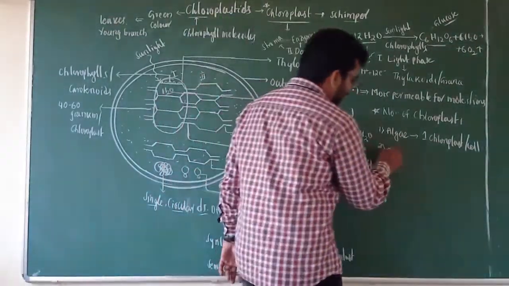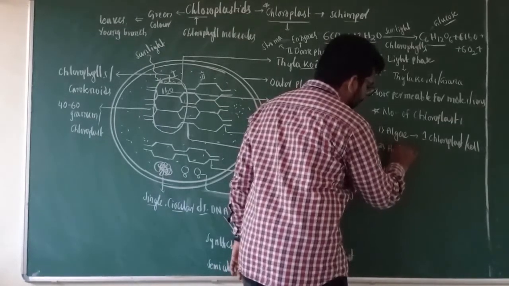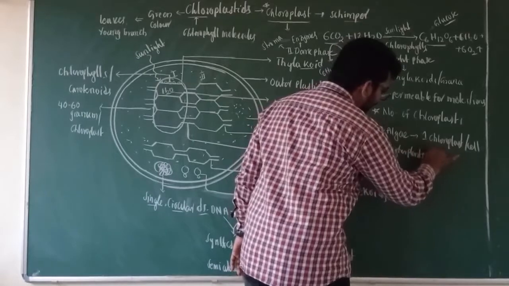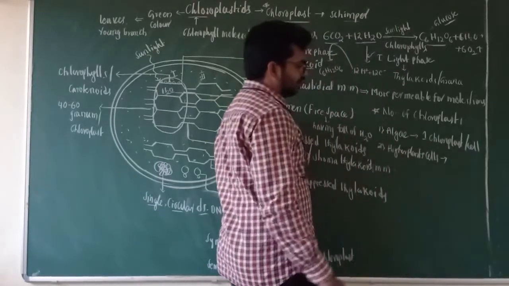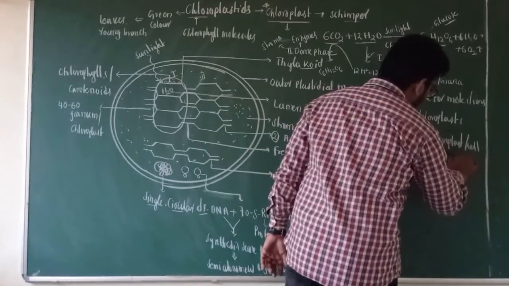And higher plant cells have how many chloroplasts? They range from 20 to 40.